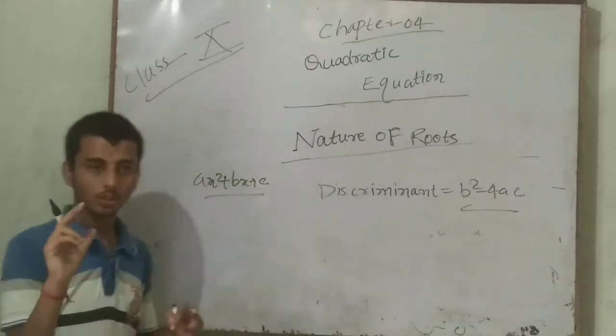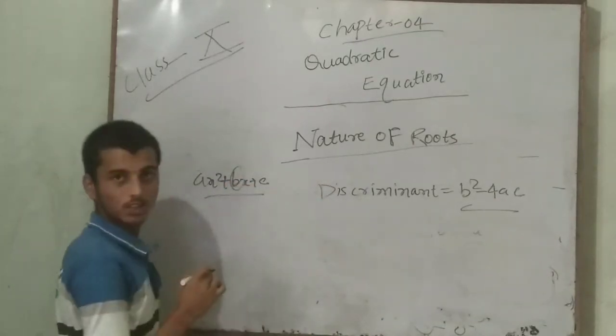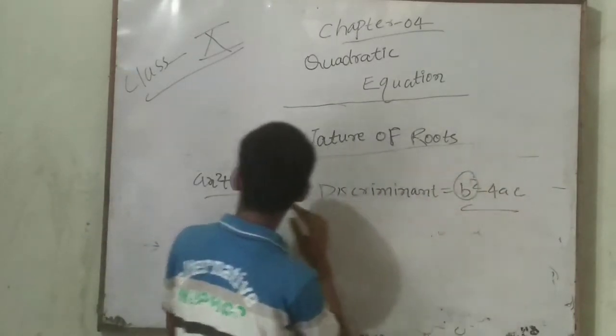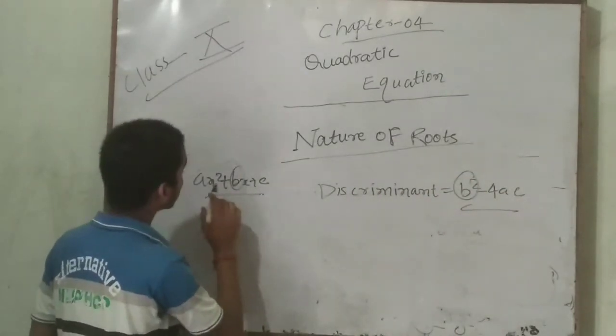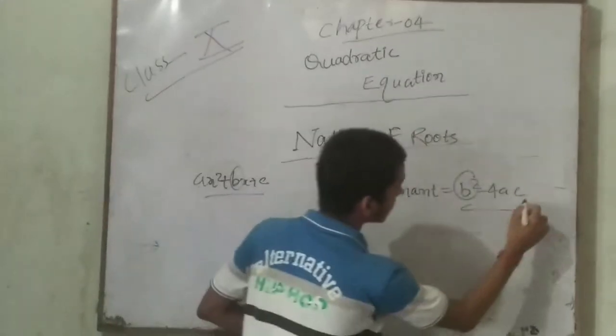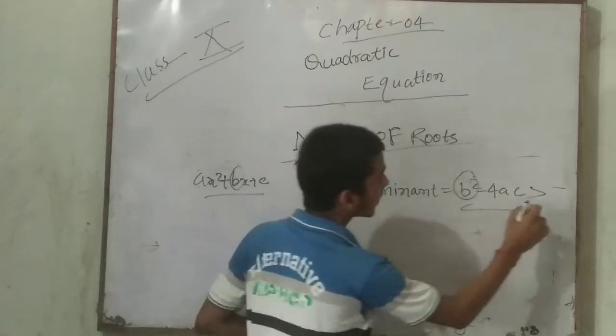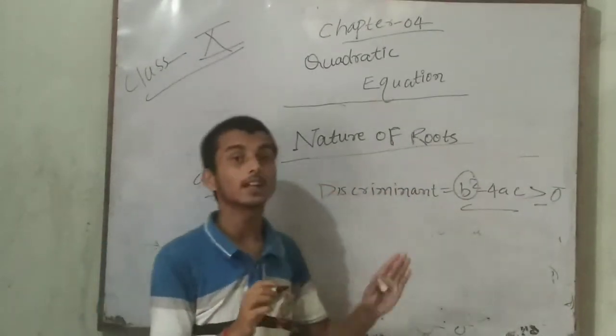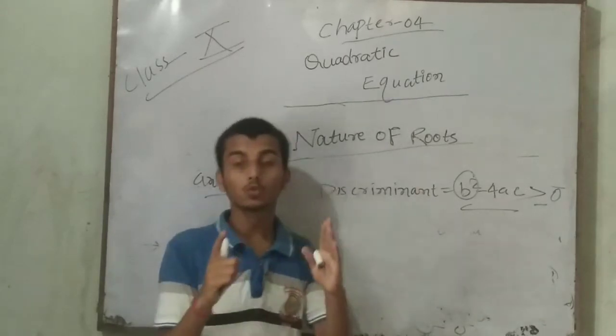So the nature of roots depends on the square of the coefficient of x, b square, minus 4 into a into c. If it is greater than or equal to 0, then the roots are real.